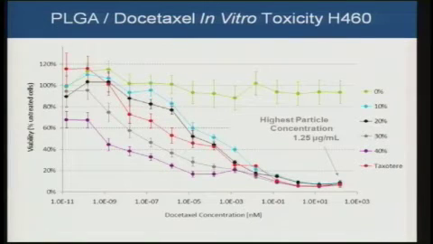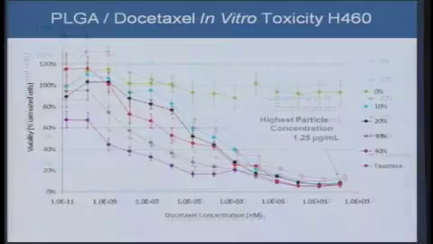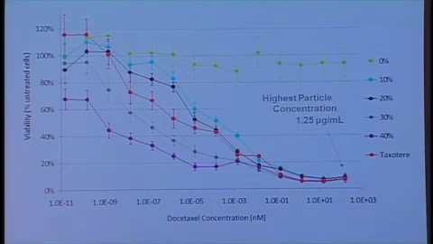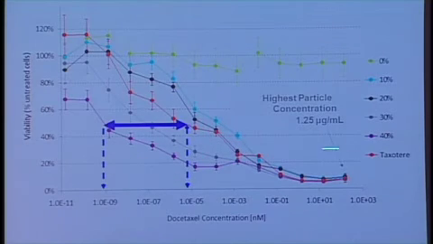And it has dramatic effects on the ability for dosing. This is empty particles, and then as we increase the amount of drug, these particles get more and more potent, and we can increase the potency versus Taxotere by several orders of magnitude by getting the drug content up, and this is plotted against drug concentration. So we're getting to the point of single particle cell deletion using these types of approaches.